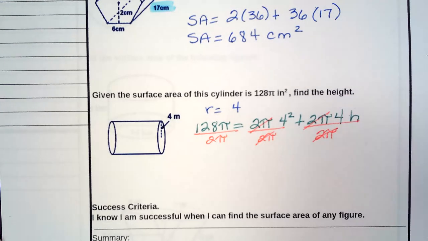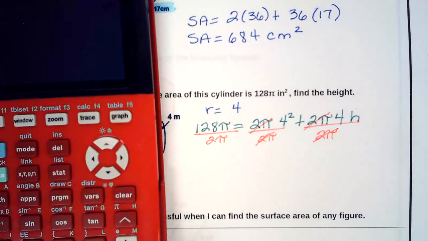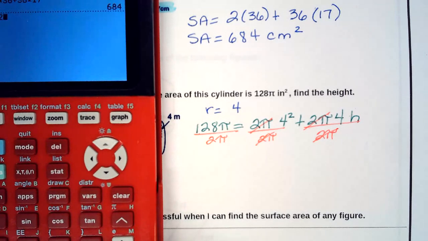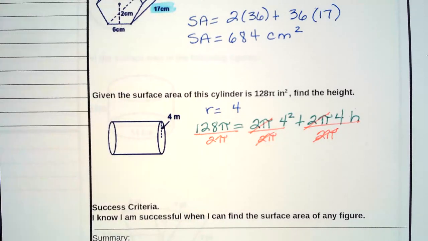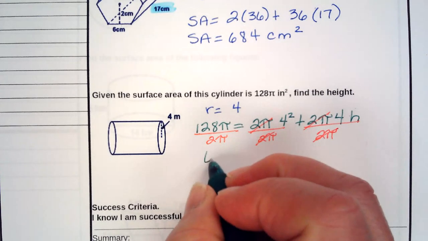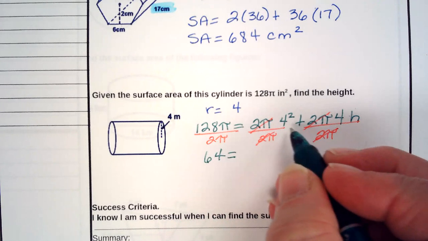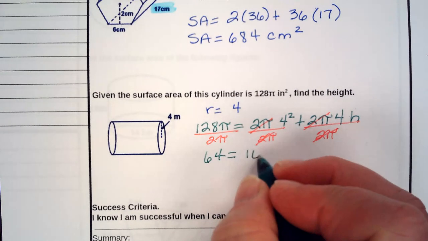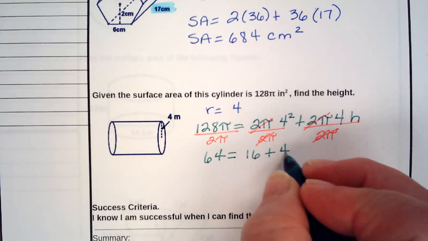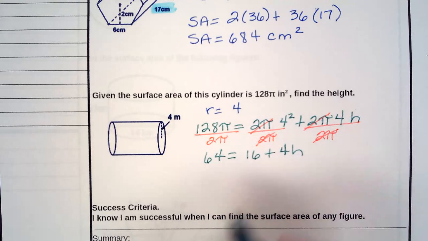I've canceled it out of this term. 128 divided by 2 is 64. So 64 is equal to 4 squared is 16 plus 4 times my height.